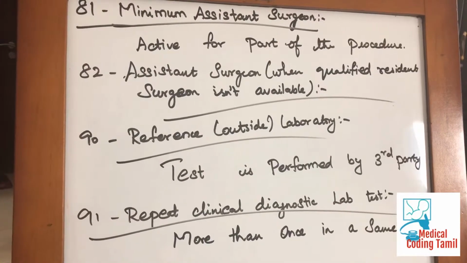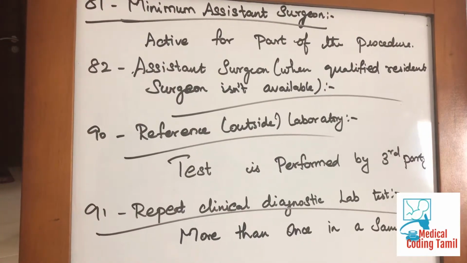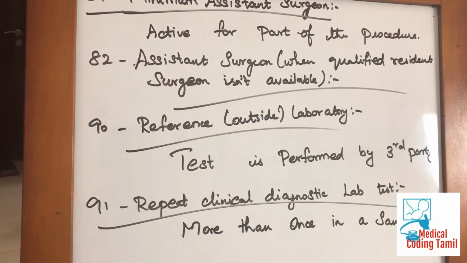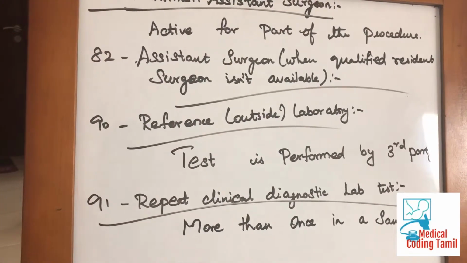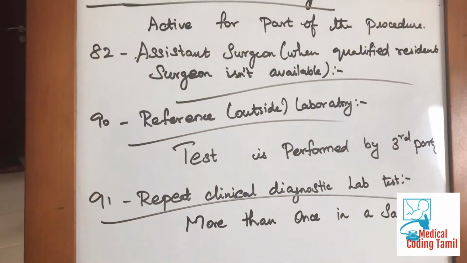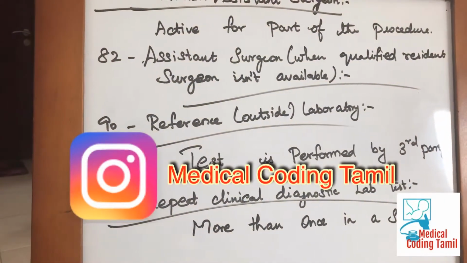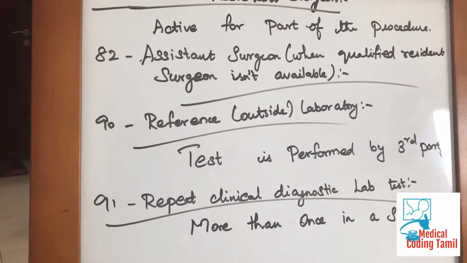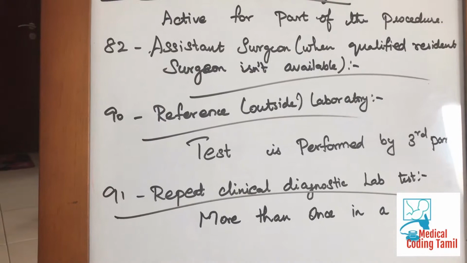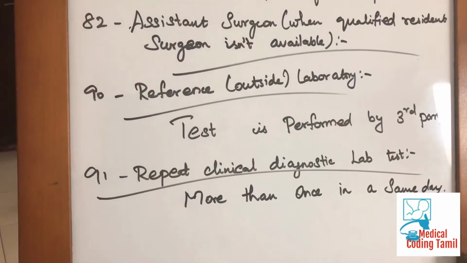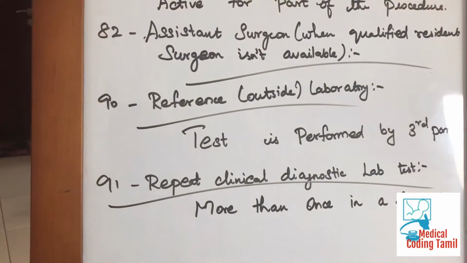Half of the procedure he or she will be active, and the remaining half is done by the surgeon. Then we have to use modifier 81 with the code. Then modifier 82, assistant surgeon when a qualified resident surgeon is not available. If the surgeon is not available, then the assistant surgeon does all parts of the surgery, and then we have to use modifier 82.